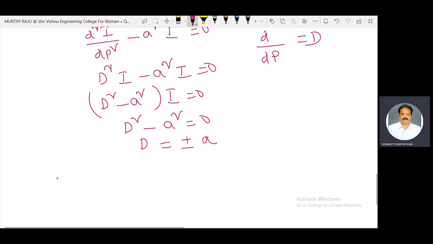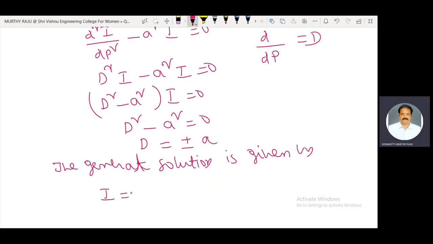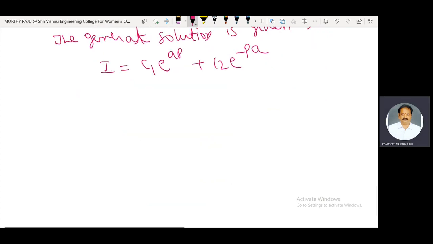The solution of the above differential equation, the general solution, is given by I is equal to C1 e power ap plus C2 into e power minus ap. This is the general solution.